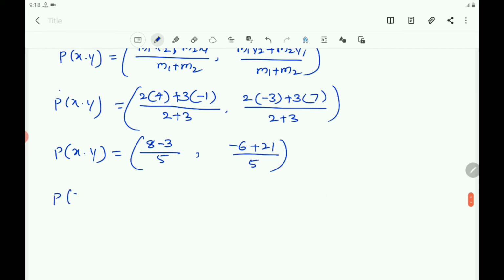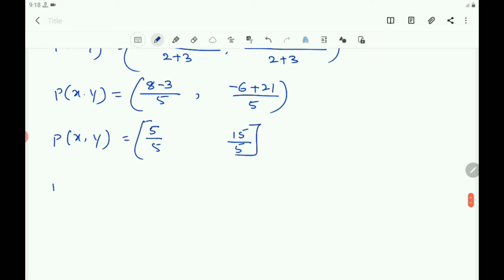Then P of xy equals 8 minus 3 is 5 by 5. Then here minus 6 plus 21, that is 21 minus 6, that is 15 by 5. Then P of xy equals 5 ones are 5, you will get 1, and 5 threes are 15, you get 3.